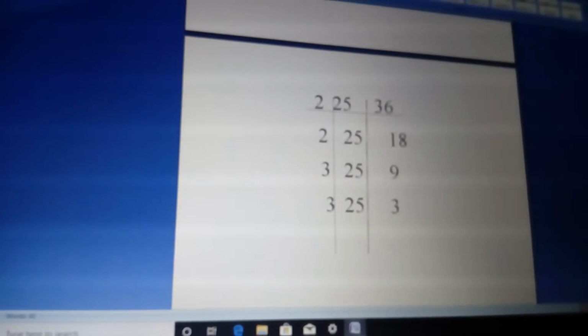So let's continue. 25 divided by 3, impossible. You come down and put back your 25. 3 divided by 3, 1. So we still extend because we haven't finished solving and our line has reached the end.